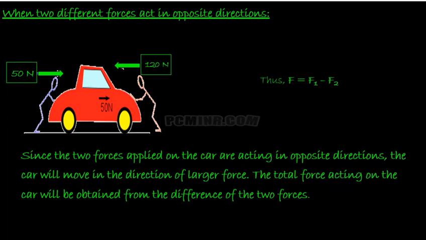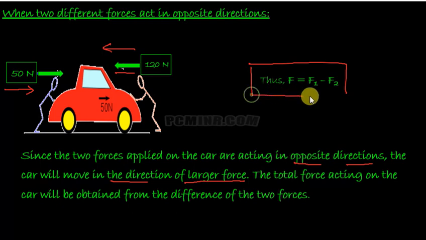And here you see that one person is applying a force of 50 Newton towards the right, but the other is applying a force of 120 Newton towards the left, as the arrow indicates. So now these two forces are acting in opposite directions. And since they are acting in opposite directions, the car will move in the direction of the larger force. So F will be calculated by the difference of the two, because the direction is opposite. In one direction it is negative, the other is positive.